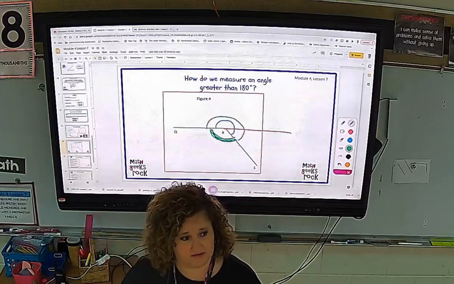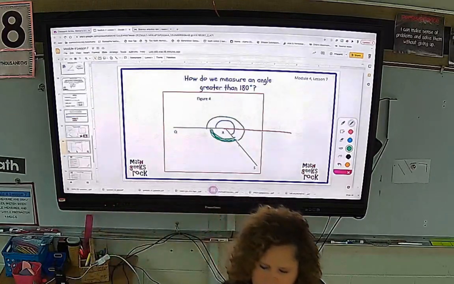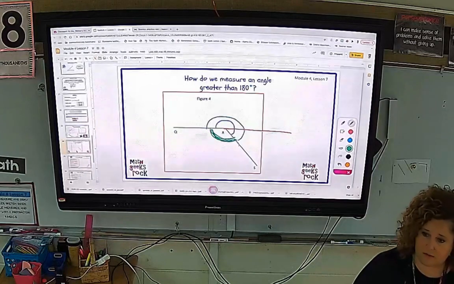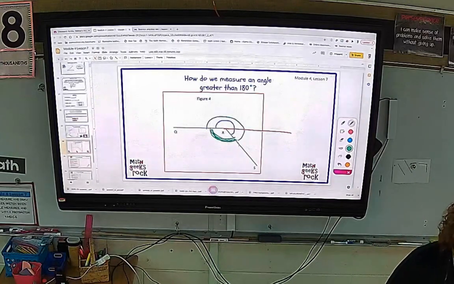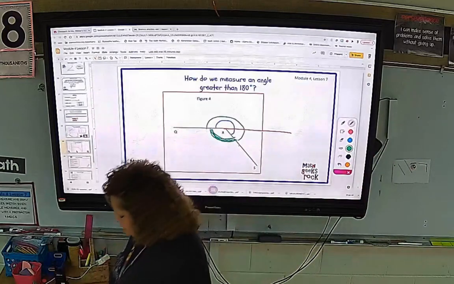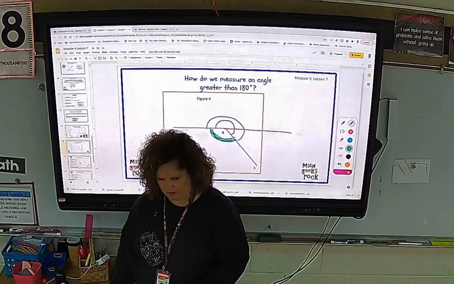There are other ways to figure it out, okay? So the more comfortable we get with angles and how they all work, then you'll start seeing things like this. Oh, I'll just subtract that from 360. Okay. So we've had a little practice with that, and now we're going to kind of turn the corner.